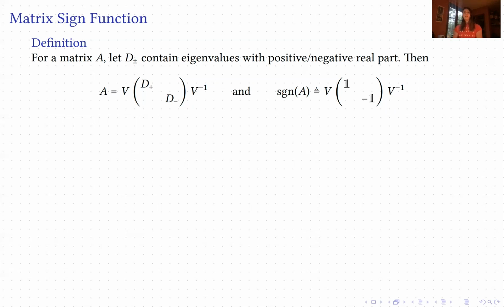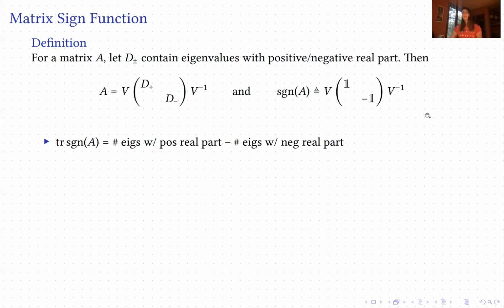And this may seem like a funny definition, but it turns out that sign A contains lots of very important information for both the split and the deflate steps of the algorithm. So first, the trace of sign A is exactly the number of eigenvalues in the right half plane, the ones with positive real part, minus the number in the left half plane, the ones with negative real part.